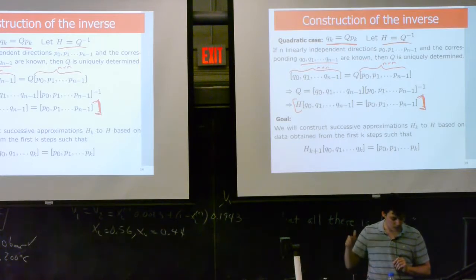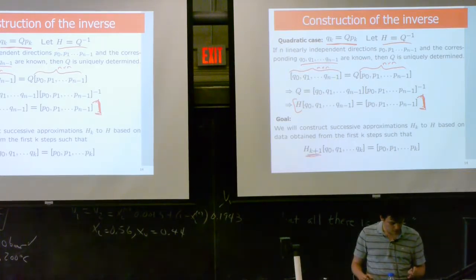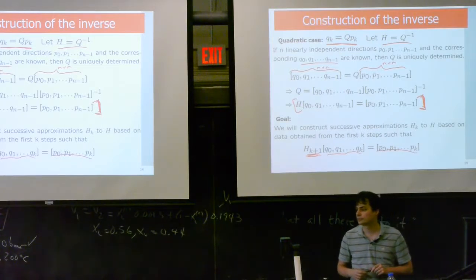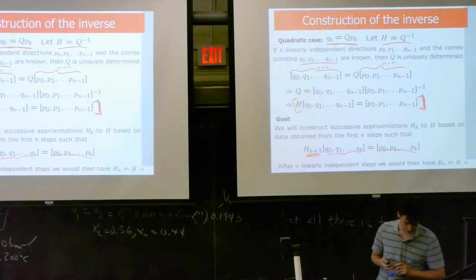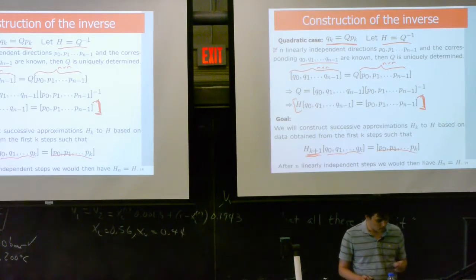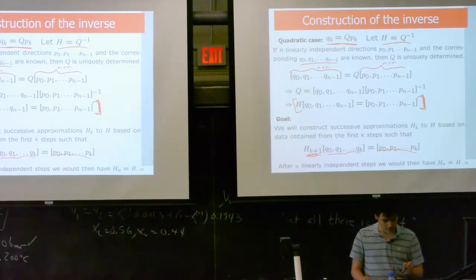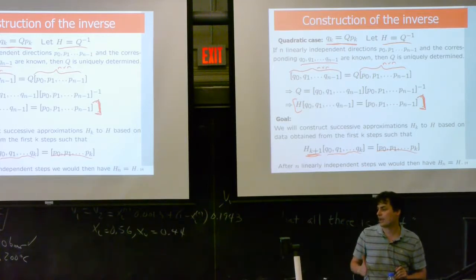That is, at least up to time step k, H_{k+1}, our estimator, if I multiply this with this matrix, I should get this matrix here. So that's important. So if you got lost here, you should scream. Okay, and of course, after n linearly independent steps, the estimation at time step n would be exactly the Hessian H.